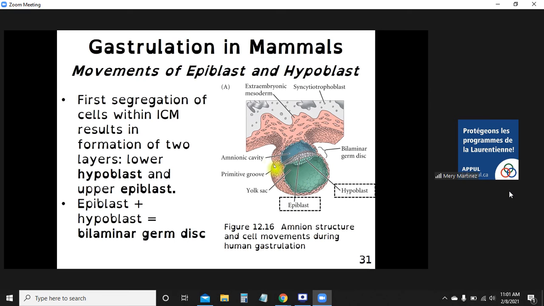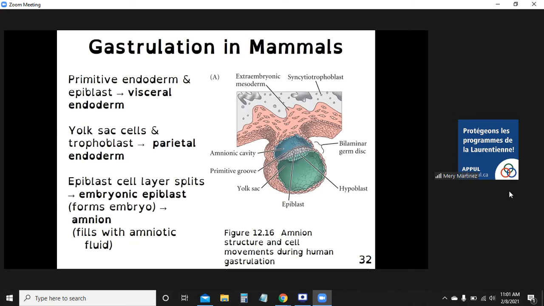Okay, the epiblast and the hypoblast form this bilaminar germ disc. The primitive endoderm cells get in contact with the epiblast in the visceral endoderm. The yolk sac, which is this portion over here, gets in contact with the trophoblast, that is the one that was surrounding, and becomes the parietal endoderm.